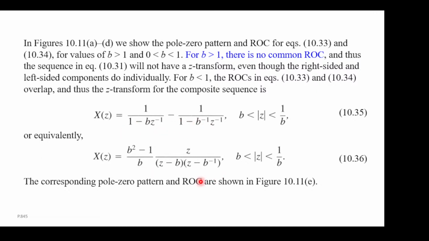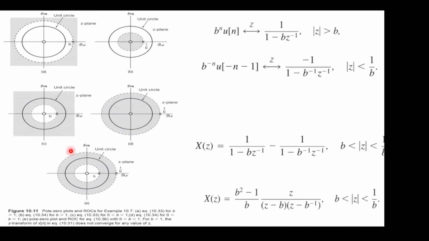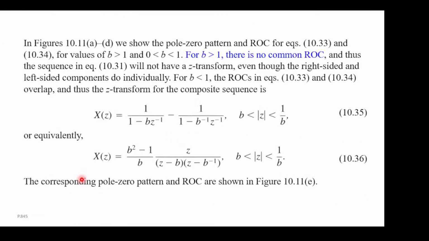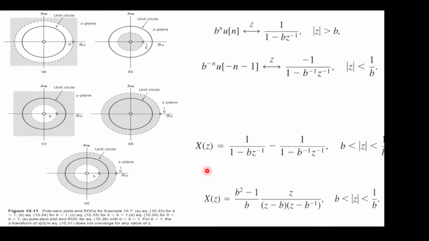You can equate the lower part and get a rational expression like this. You see you have a zero at z equals 0, and 2 poles at b and b to the minus 1. So the pole-zero plot looks like this. Any questions?